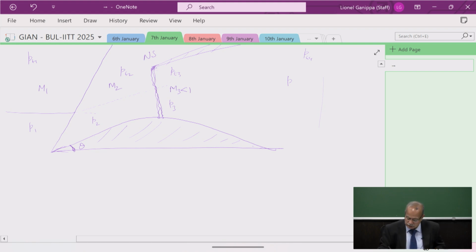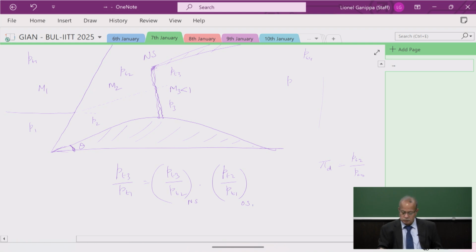Yesterday we looked at it as pi d, which was PT2 by PT naught in the subsonic inlet problems. So we are asked to find the pressure loss, which is PT3 by PT1. PT3 by PT1 is equal to PT3 by PT2 across the normal shock and PT2 by PT1 across the oblique shock.